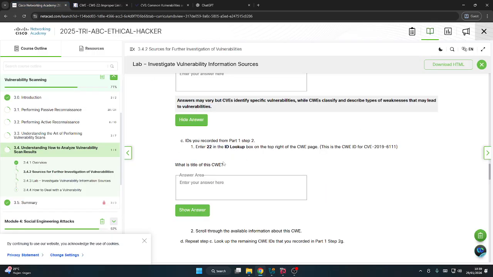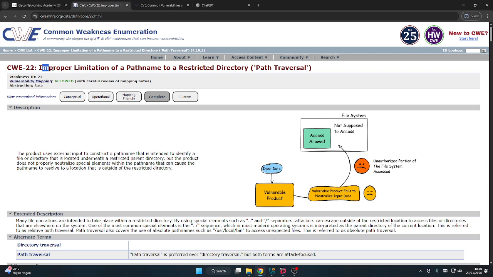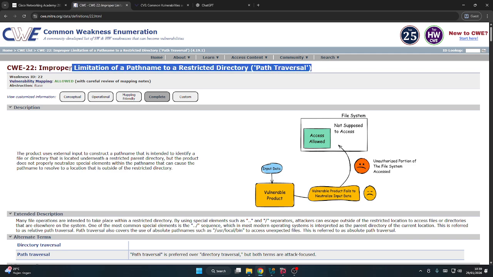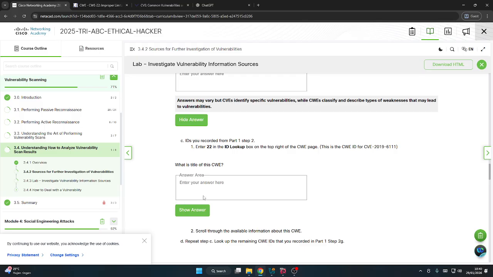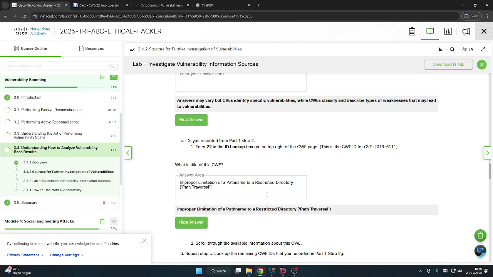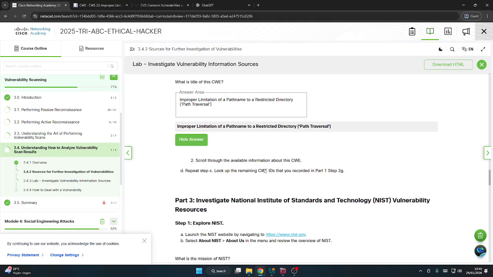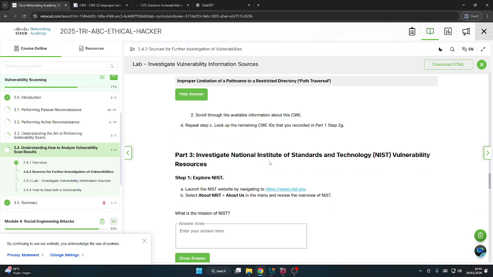The title is improper limitation of a pathname to a restricted directory, path traversal. Scroll to the available information about the CWE. Repeat the step to look up the remaining CWE IDs that you recorded in part 1, step 2.